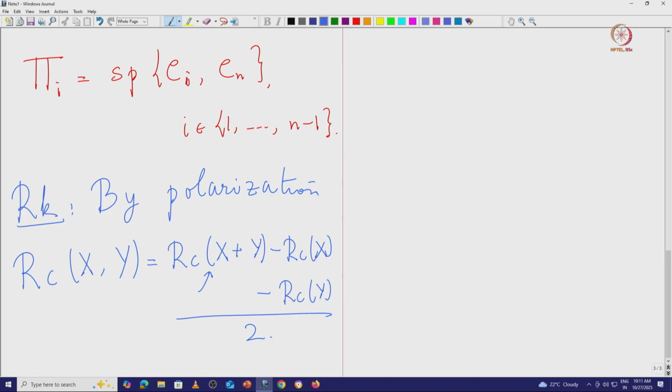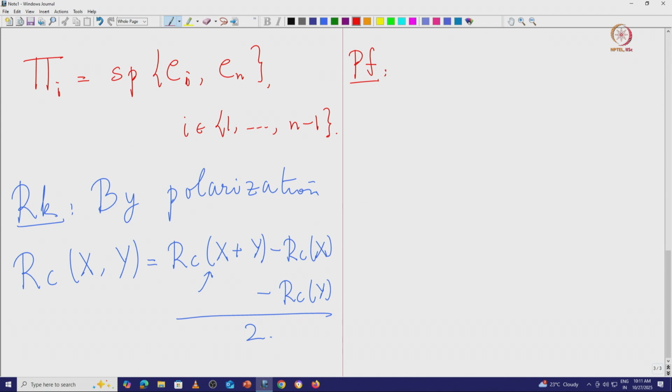So in particular the Ricci curvature can be completely determined by the sectional curvature, which is not surprising because in the previous lecture we also proved a theorem that said that the sectional curvature completely determines the curvature tensor, right. So this is not completely surprising at all.